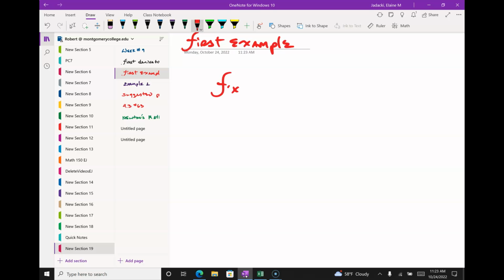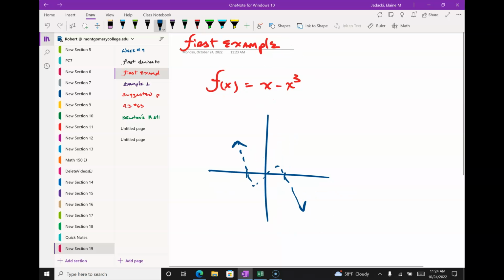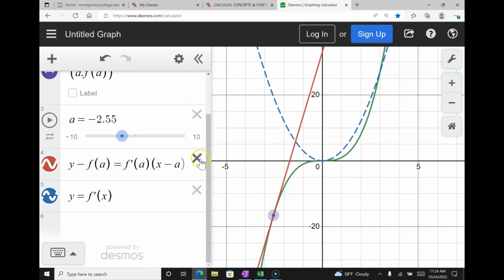Let's say f of x is x minus x cubed. So we want to graph it. It's pretty clear the domain is everything. We can go to Desmos, I guess.